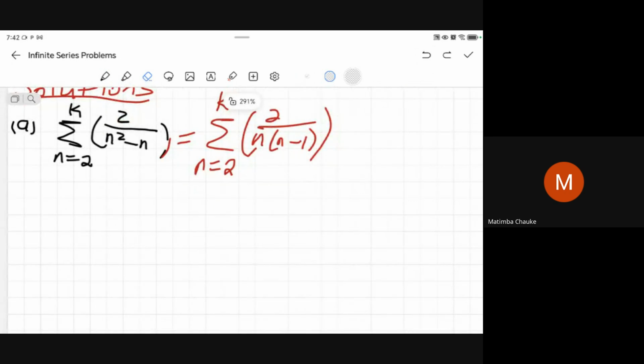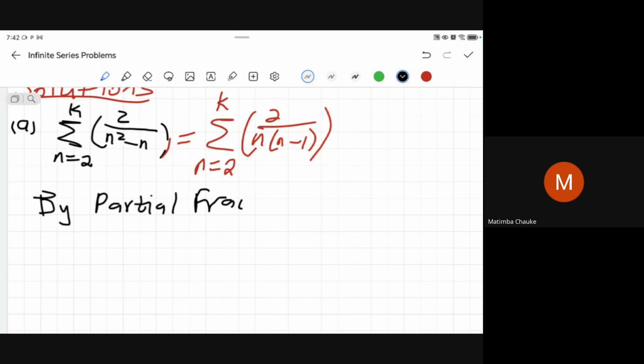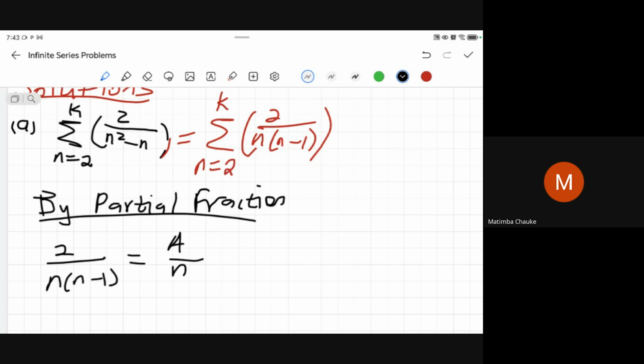I'm going to take 2 over n times n minus 1, which will be equal to A over n plus B over n minus 1.